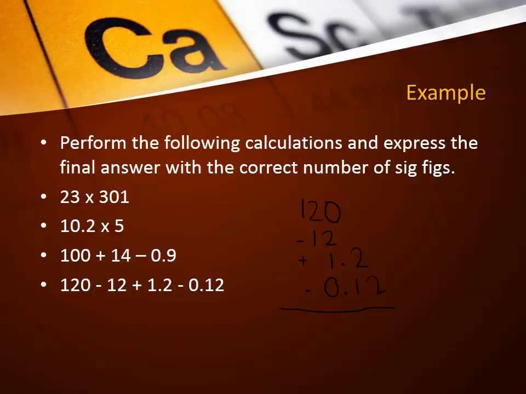Which gets us, let's see, 108, 109.2, 109.08. We have a trailing column here and a trailing column here, which means that we round to 109.